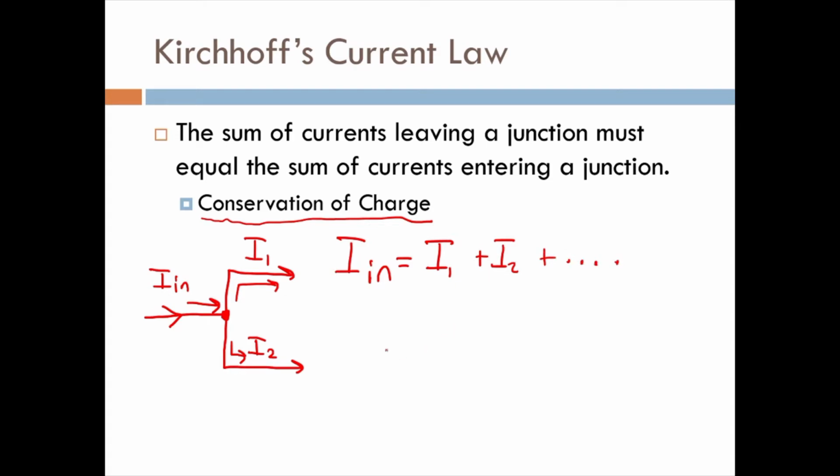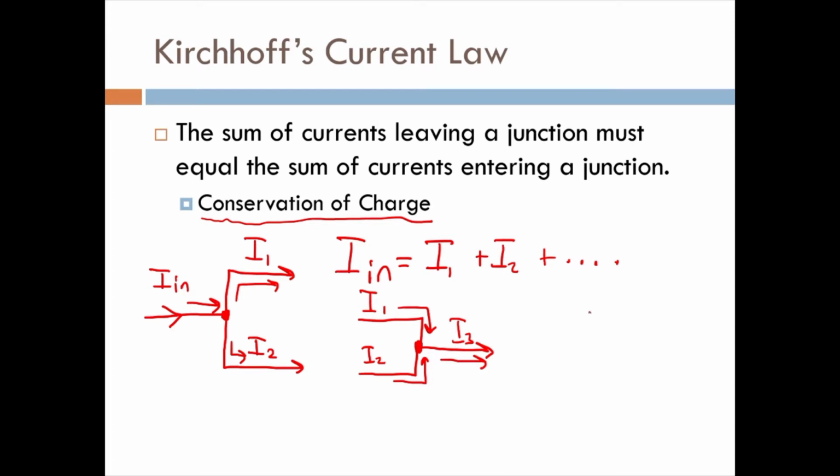This is also true if you have a situation where you've got two currents entering a junction and then leaving. So if I have I1, I2, and then here I've got I3. Again, if I've got 20 electrons flowing into here and 20 electrons flowing into here, the number of electrons leaving must be the same.